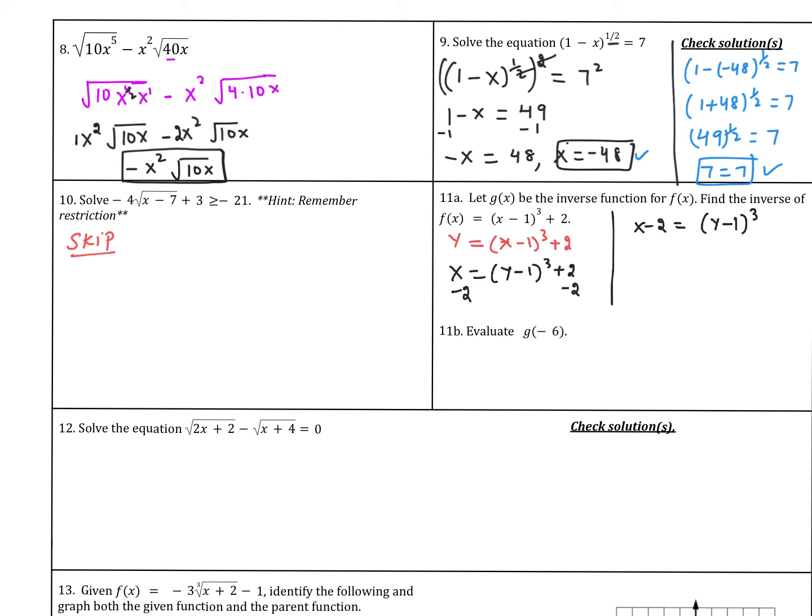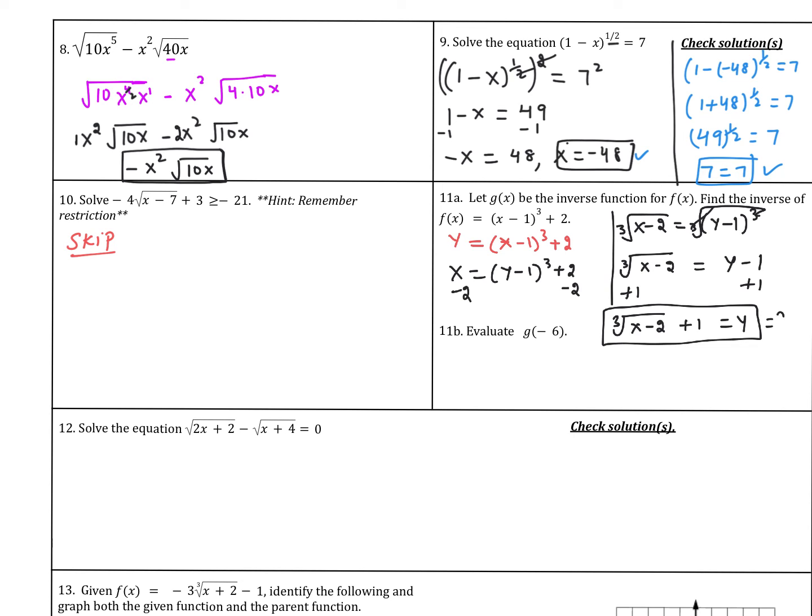In order to cancel the cube, you need to take a cube root on both sides. You get the cube root of x minus 2 equals y minus 1. Plus 1 on both sides, and you get the cube root of x minus 2 plus 1 equals y.